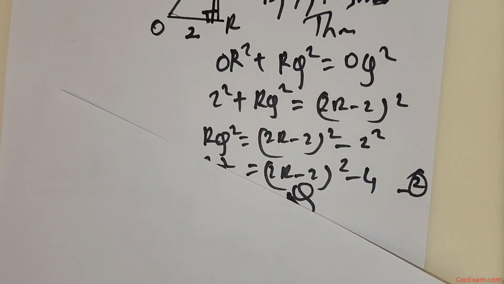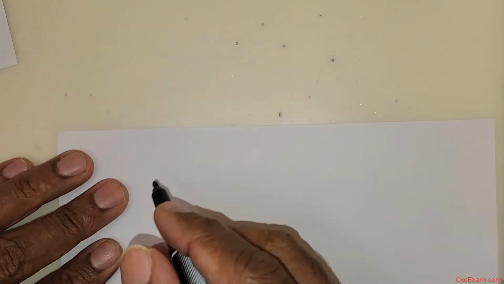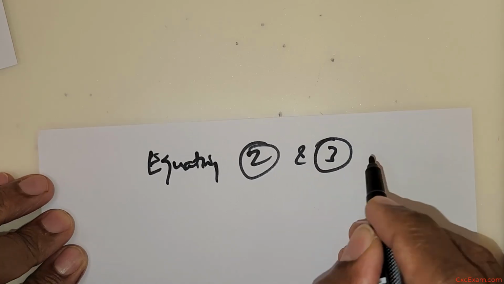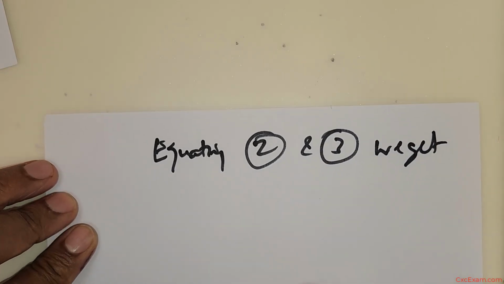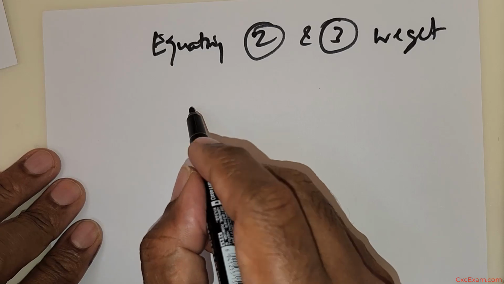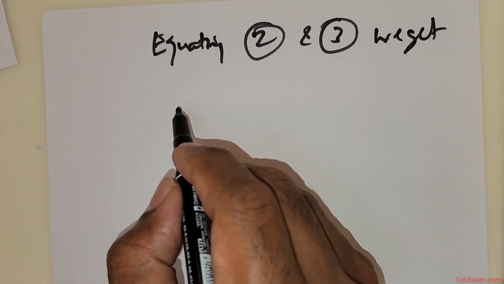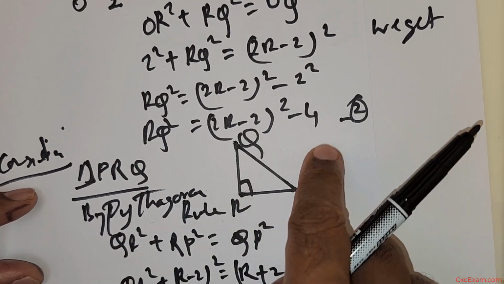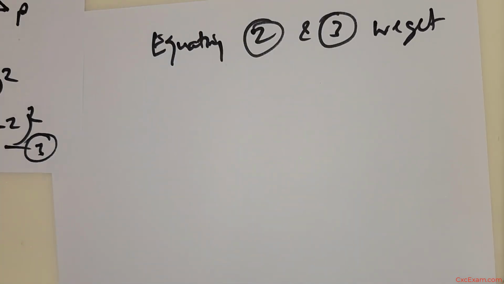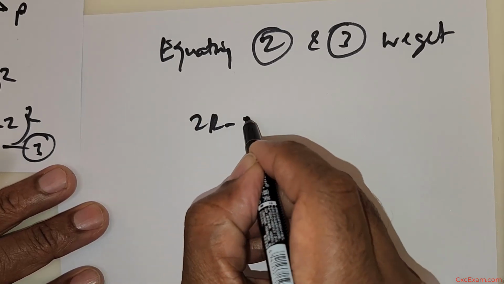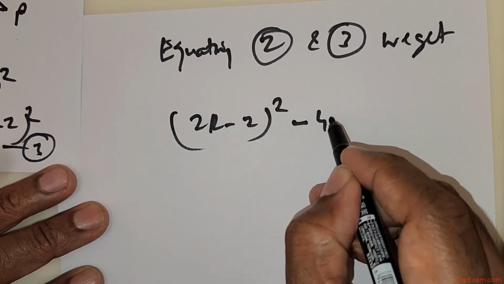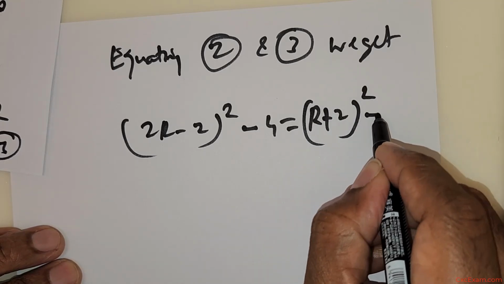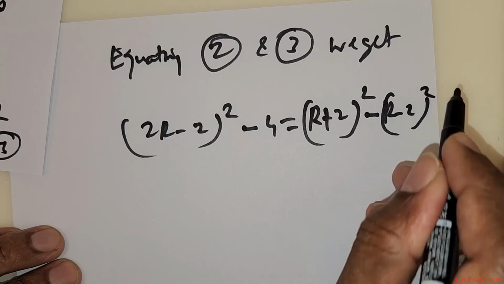So what I will do is equate 2 and 3. So what do we get? RQ, so we are going to be equating 2 with 3. So this is going to be (2r minus 2) the whole squared minus 4 is equal to (r plus 2) the whole squared minus (r minus 2) the whole squared.